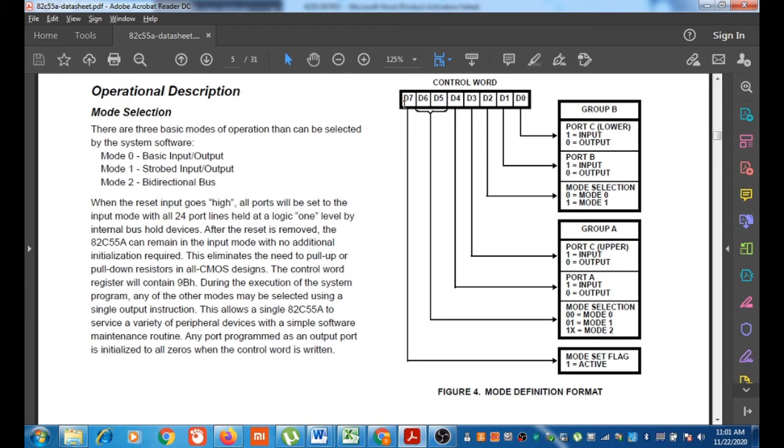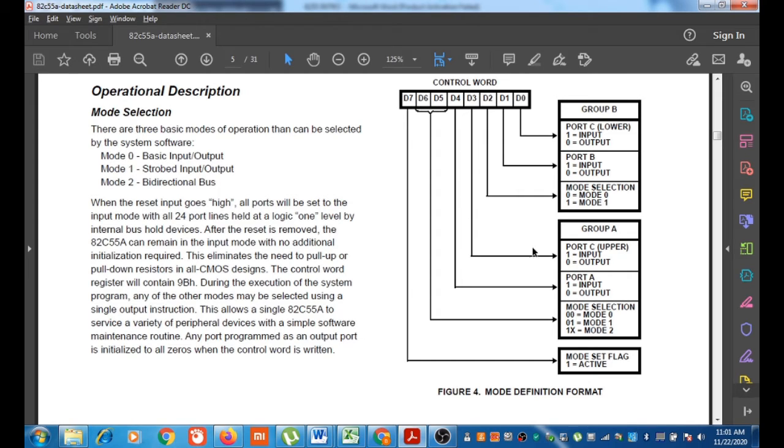The last bit D7 will be 1. It indicates mode set, so it is called mode set flag. Then the D4 bit is for deciding whether port A is configured as input port or output port.